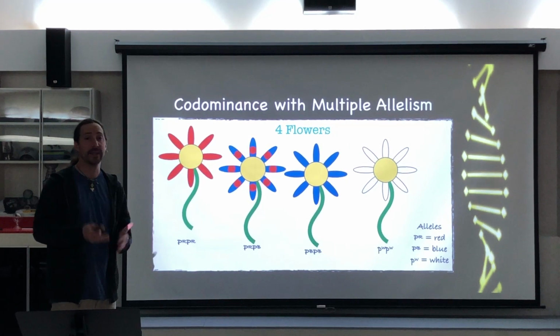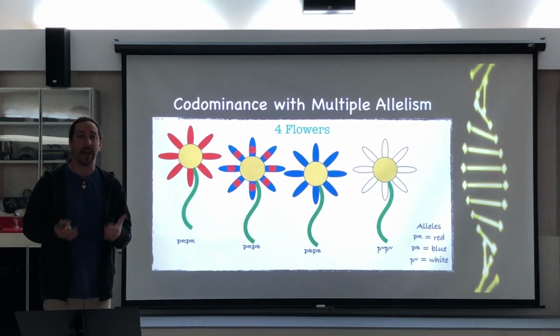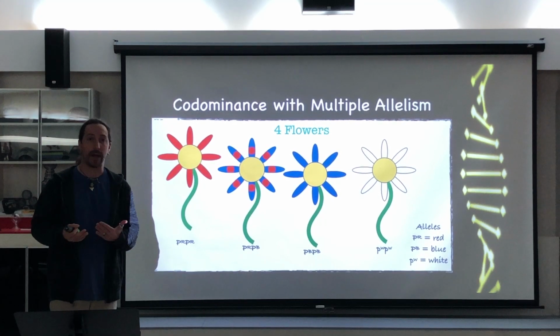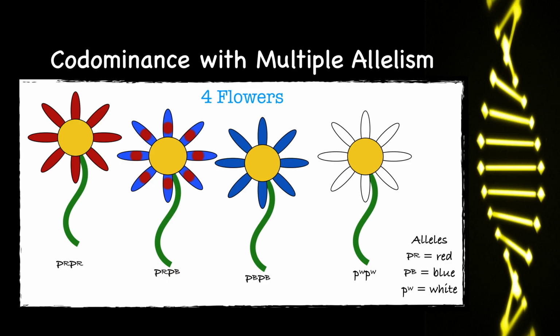This also means that we don't just have one option for a genotype for a red flower. The red flower could also be heterozygous. It can have both the red allele and the white allele. The blue flower can also be heterozygous, having both the blue allele and the white allele, because the dominant allele will hide the white in both cases.